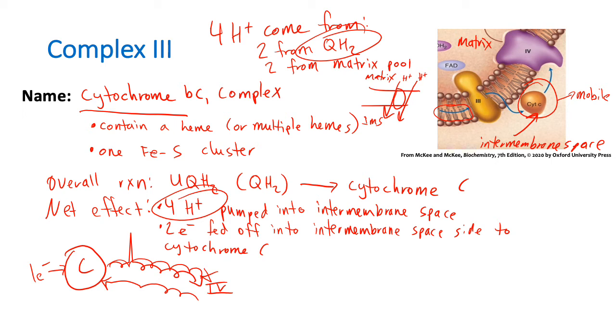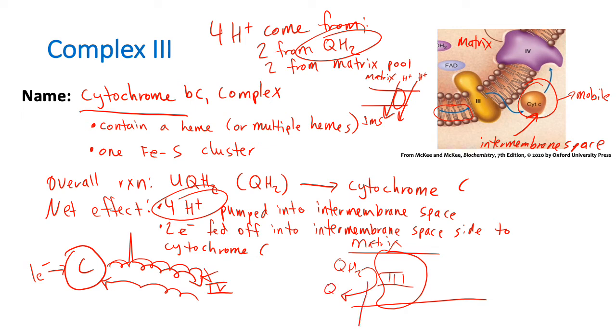Okay, and essentially all what's going on in complex 3 is electrons are passed right through it. Okay, so this is complex 3. You have QH2. That's the matrix. It goes to Q. Those 2 protons are pumped over.